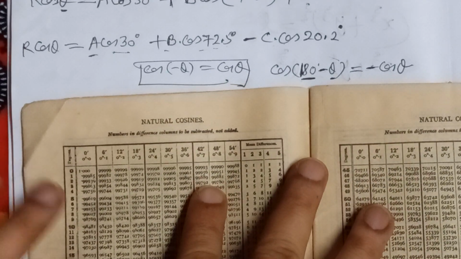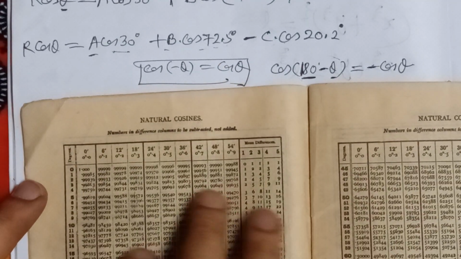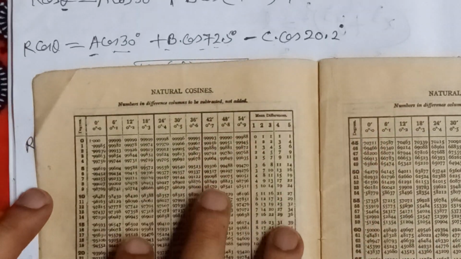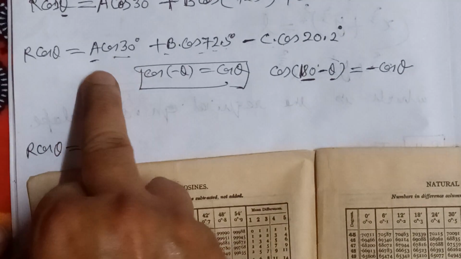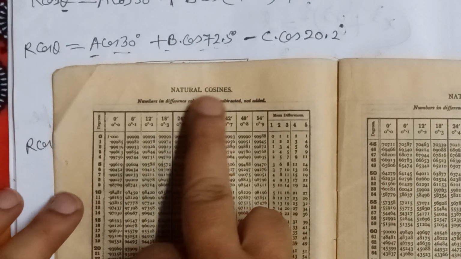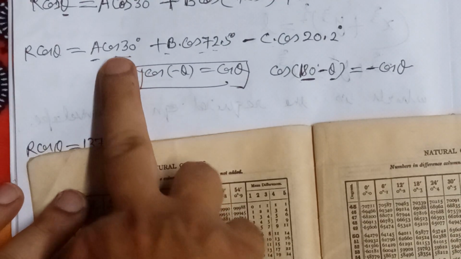I also wrote some values on other pages. I solved this question previously, so I want to show you how to find the value of cos 30 in the table. You are seeing that it is natural cosine.